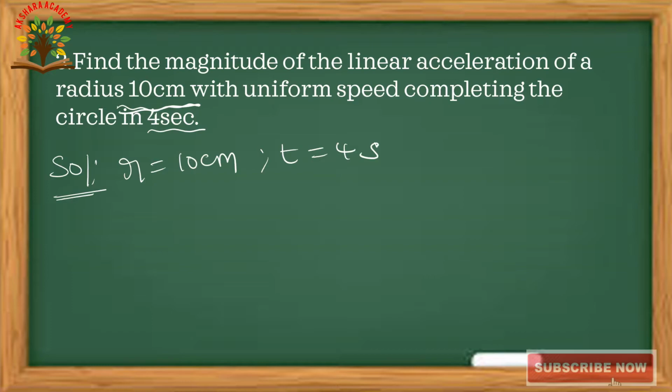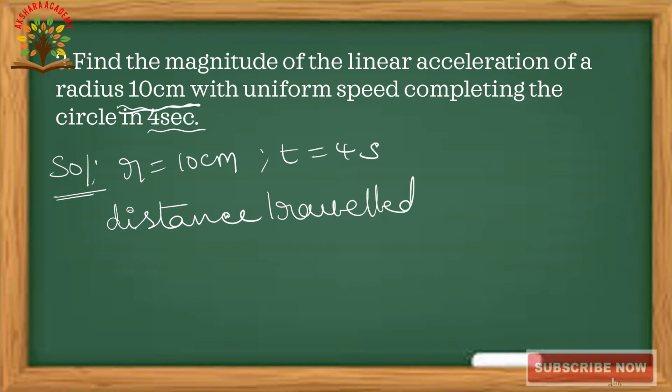First we have to find the distance traveled. Distance traveled is equal to 2 pi r.